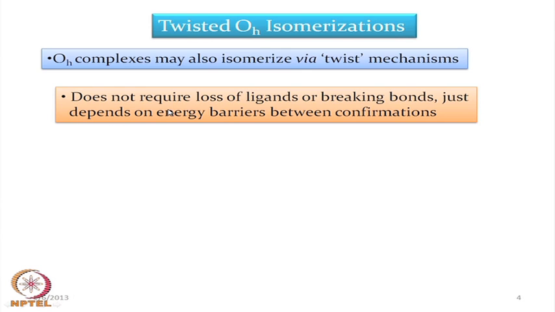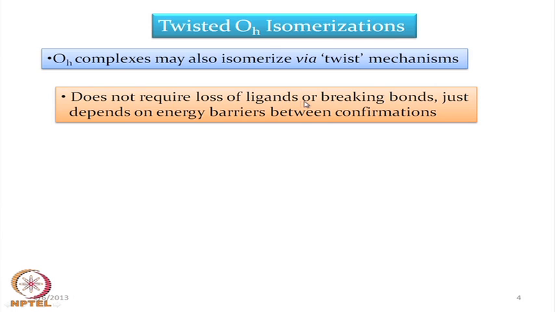But in this particular situation, the bidentate ligands, if they are present, like acetylacetone or ethylenediamine, are strictly attached to the metal center, they are not giving rise to any kind of bond breaking process, but they basically go for some twisted formation.